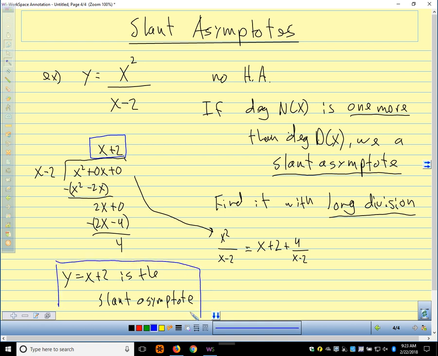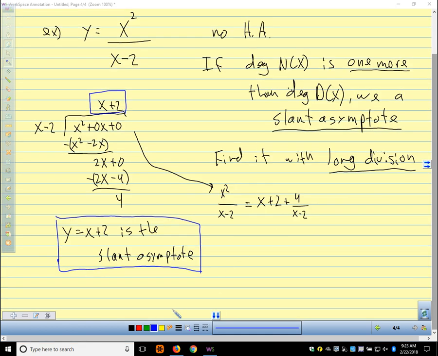Now on the test, I'm not going to ask you to graph a function with a slant asymptote because it gets a little tricky. Well, what this one ends up looking like is, where's our vertical asymptote here? Denominator is 0. x equals 2. So we get a vertical asymptote like so. The slant asymptote is this line y equals x plus 2. So the slope is 1. The y-intercept is 2. So it looks like this.